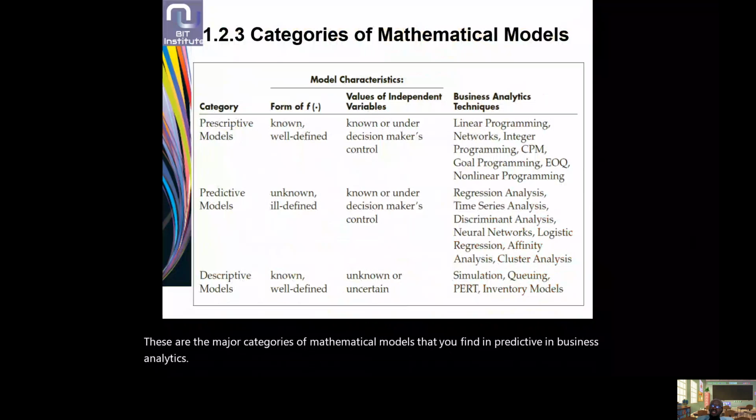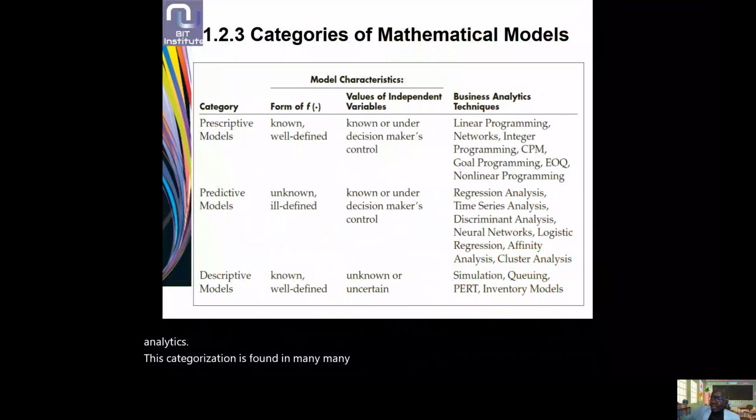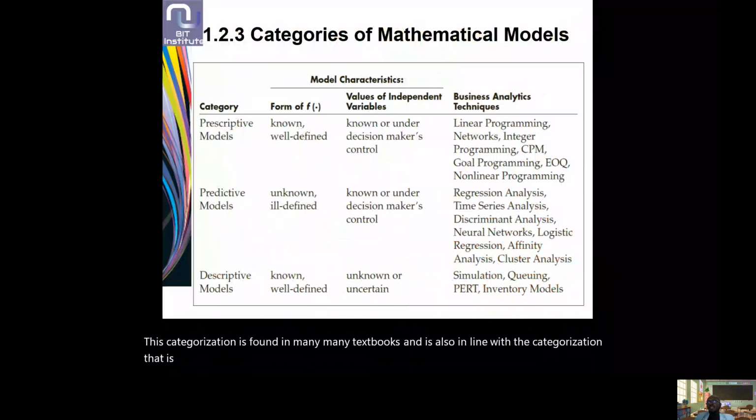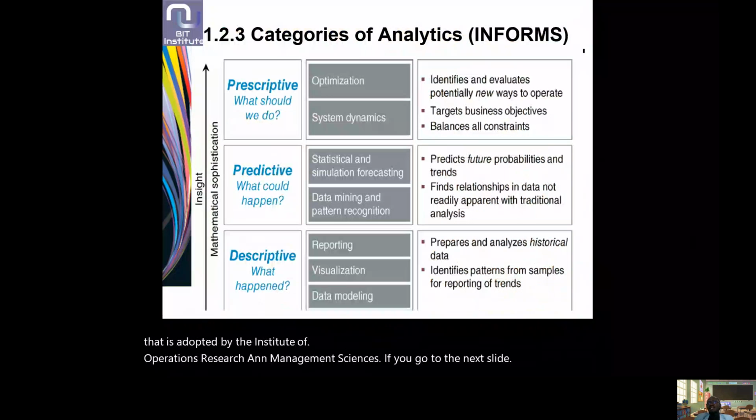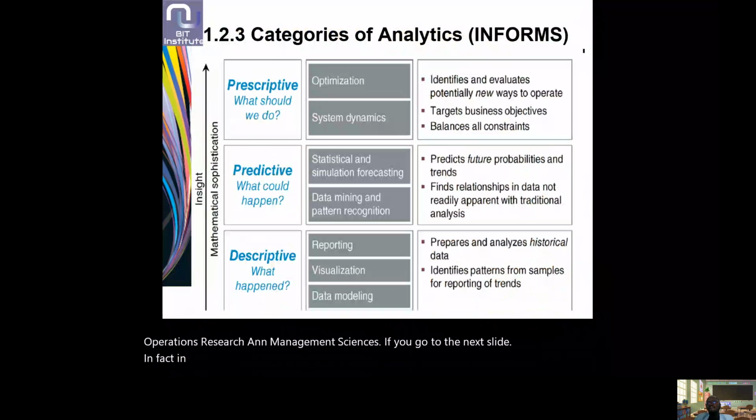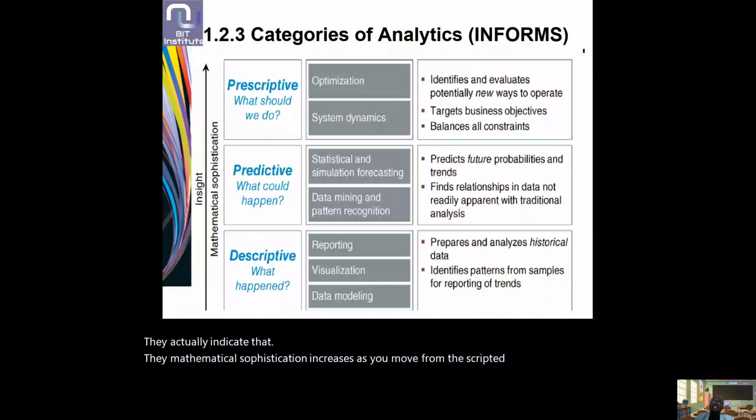And this categorization is found in many textbooks and is also in line with the categorization adopted by the Institute for Operations Research and the Management Sciences. If you go to the next slide, in the categorization by INFORMS, they indicate that the mathematical sophistication increases as you move from descriptive modeling to prescriptive modeling.